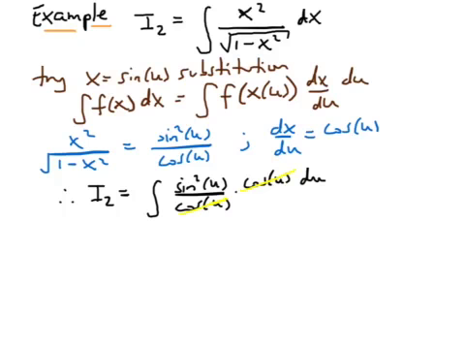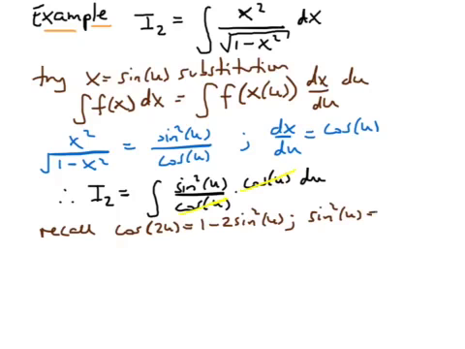So to perform this integral, what we have to recall is a double angle formula, and what we recall is that the cosine of 2u is 1 minus 2 sine squared u, which means that sine squared of u is equal to, so we can take this factor over here, take this factor over here, so we have 1 minus cos 2u.